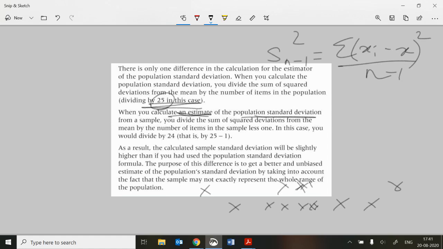But we're expecting that the population standard deviation will in fact be slightly larger. Dividing by n minus 1 means we're not dividing by something quite as big, and if we divide by something bigger, if we divide by n, we make the number smaller. So by dividing by n minus 1, it makes the standard deviation that little bit larger.